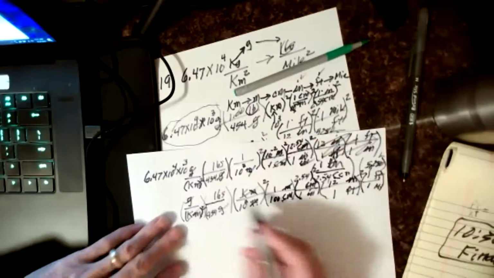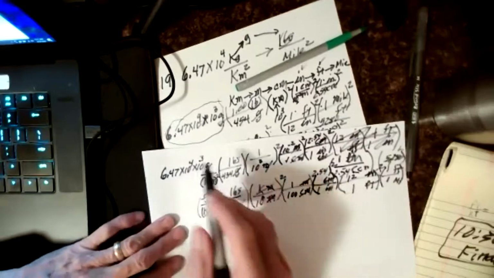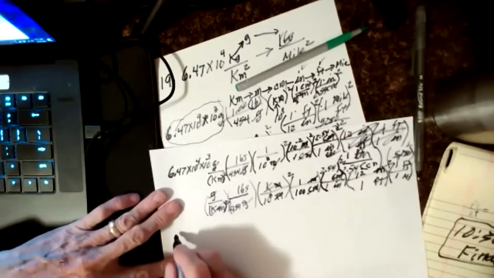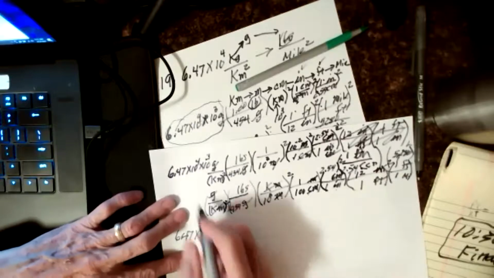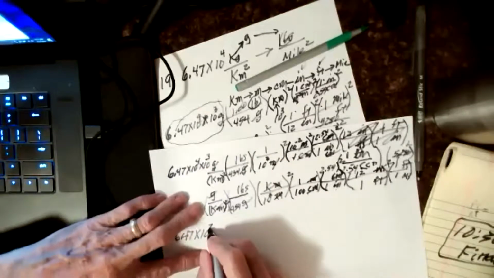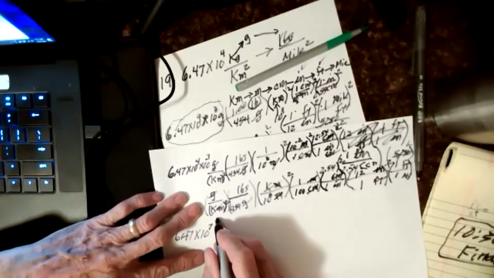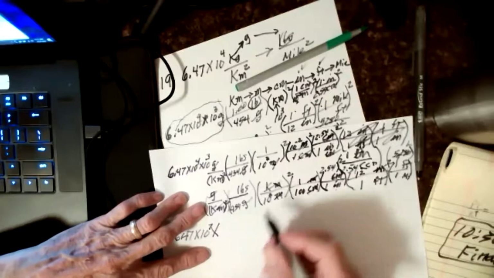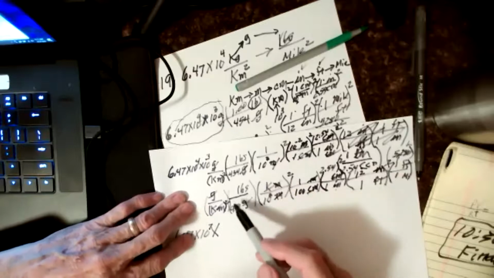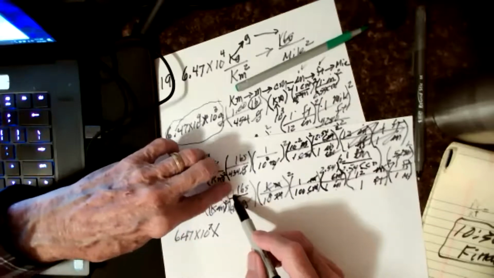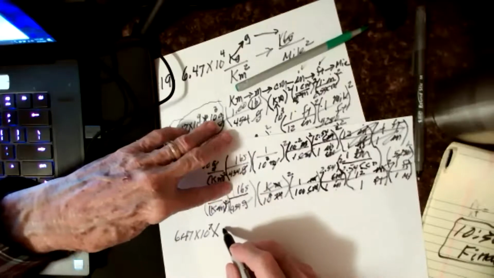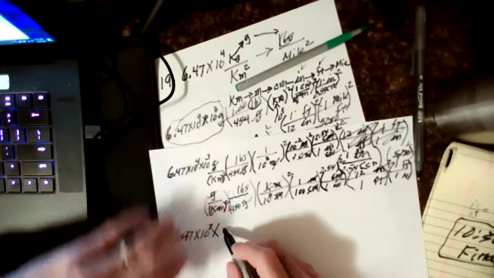Okay, let's collect all our numbers now. 6.47 times 10 to the 7th times 1 pound divided by 454.